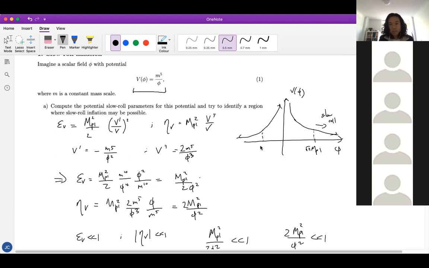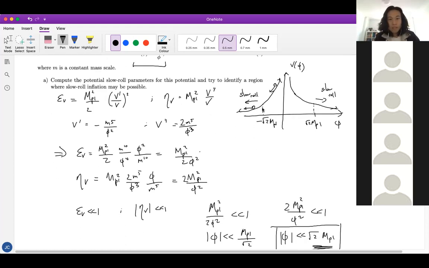Similarly on this side, if you have minus root 2 M_Pl and you're further to that side, then the slow roll conditions are also met. That visually looks correct as well. If you're here, you'll be rolling down the hill relatively quickly, but by the time you get to here, it'll be very slow rolling from that point onwards. So the two tail regions of this potential can support slow roll inflation.